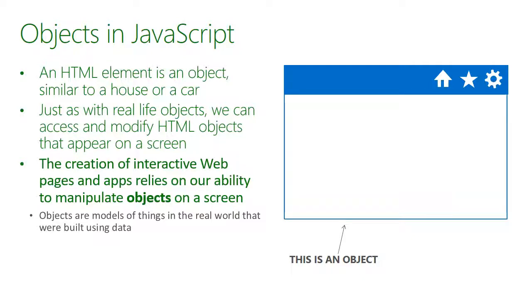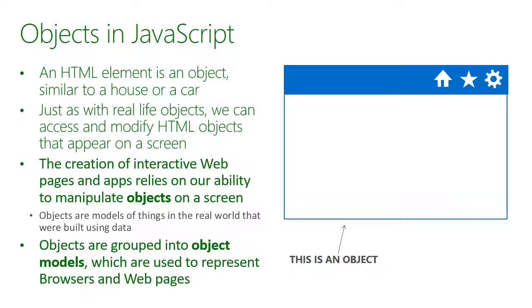Objects are models of things in the real world that were built using data. Objects are grouped into object models, which are used to represent browsers and web pages. The document object model is one such object model.